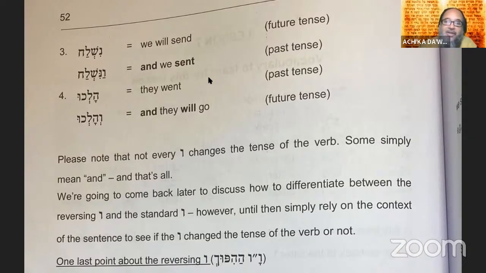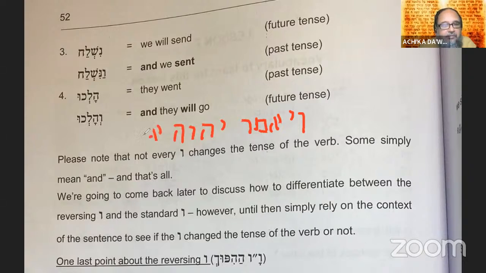Okay. And one of the things that's famous for it is you would see this word, Wayomer. Wayomer. And then it would give Yahweh's name.